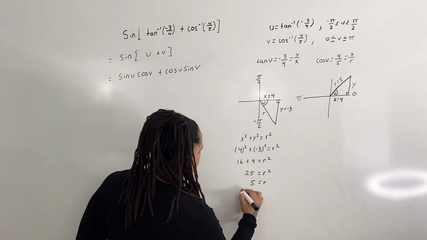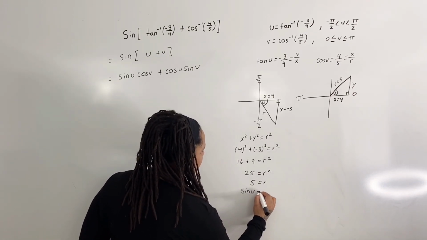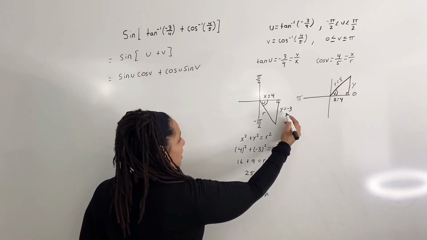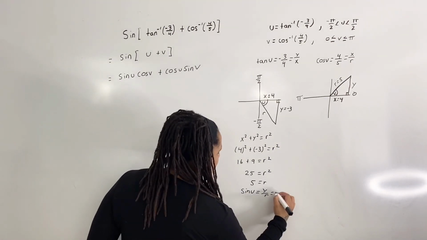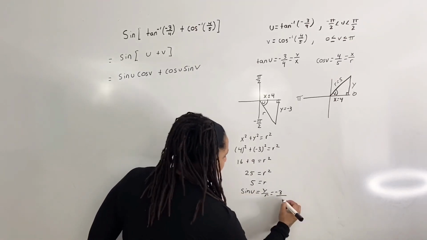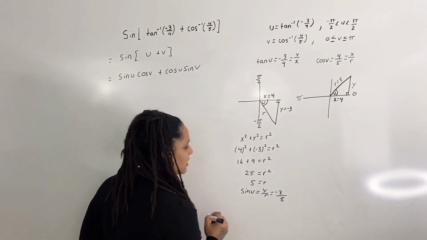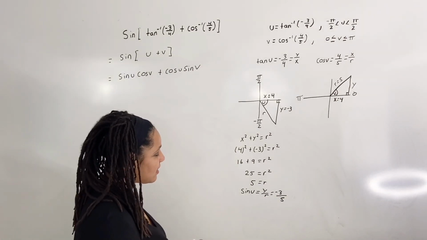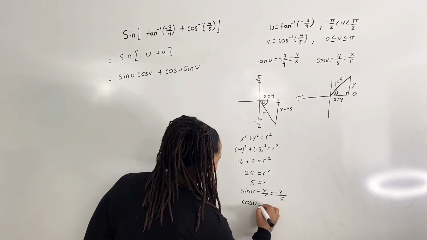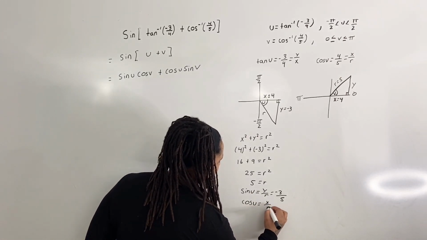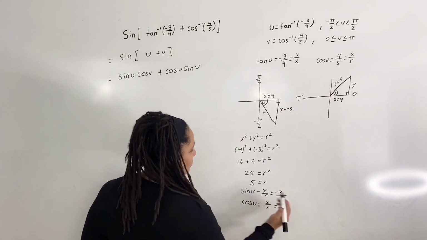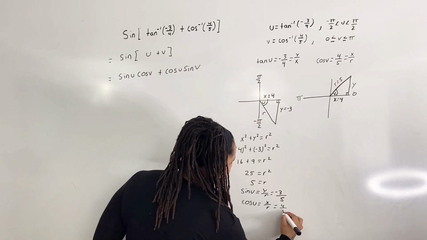So this means that sine of u is equal to my y value over my r value, which is -3 over 5. Also, we know that cosine of u is equal to my x value over my r value, which is 4 over 5.